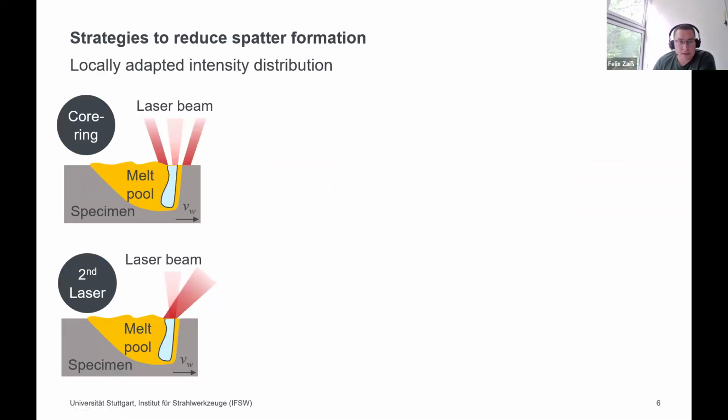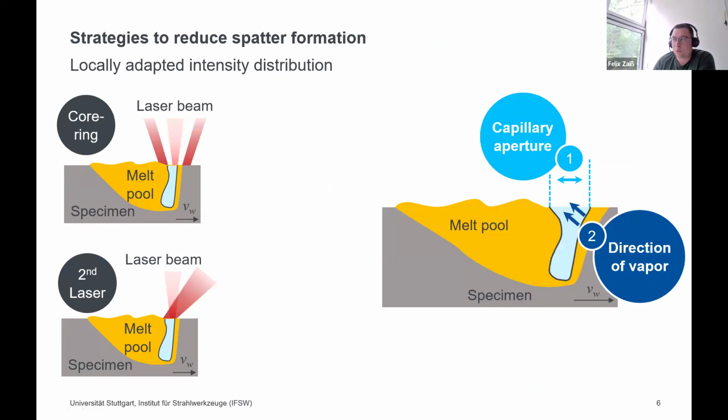With these well-known systems, we can directly change the capillary aperture, so the shape of the capillary, and also then the direction of the vapor. So the vapor is not directed directly onto the capillary back wall anymore, but in a more open way.